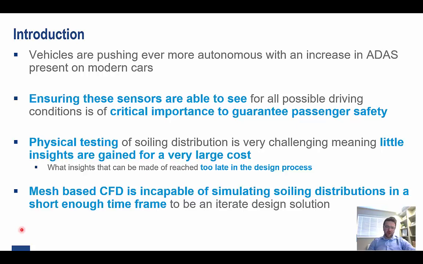Now, physical testing is great, however, this is such a complex problem that actually controlling how the soiling is coming into the vehicle and being able to test all the different potential scenarios is basically impossible using physical testing alone. And regardless of how much we're able to do in physical testing and how much we're actually able to monitor what effect that has on the sensors, the insights that we are able to gain are reached far too late in the design process.